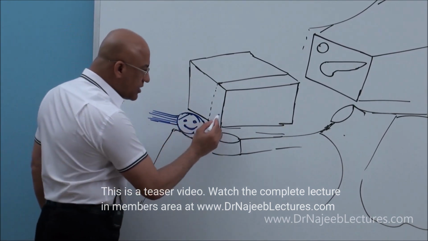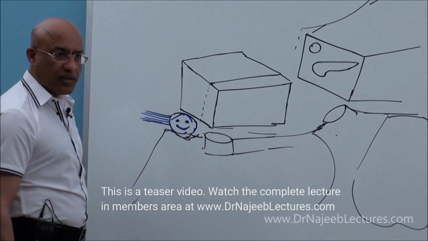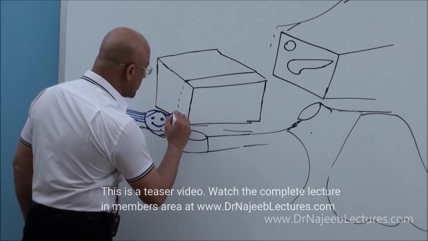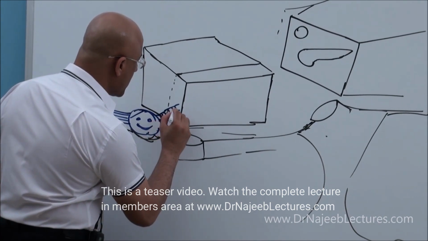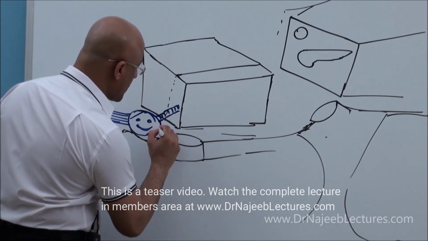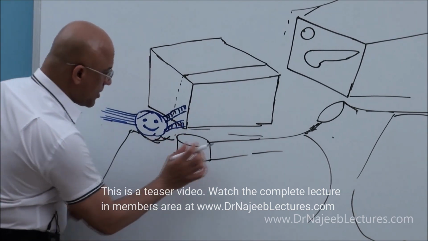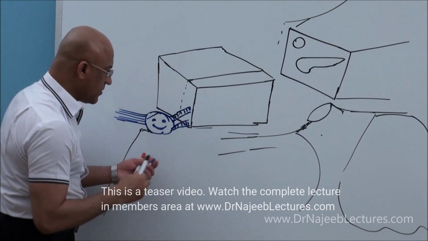And these peripheral processes make three bundles which are called three nerves. Number one, this is your ophthalmic. Other is maxillary, and the third one is mandibular.